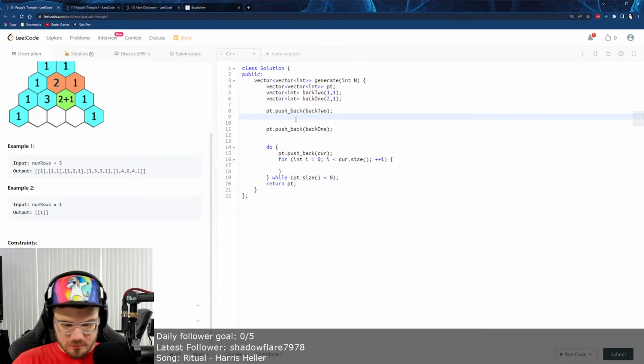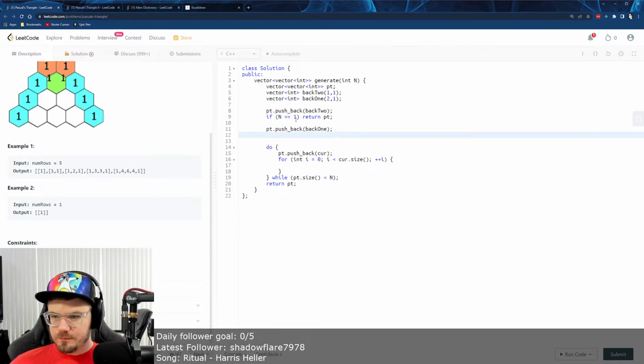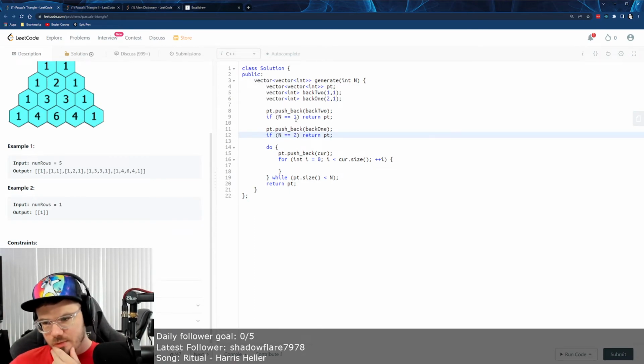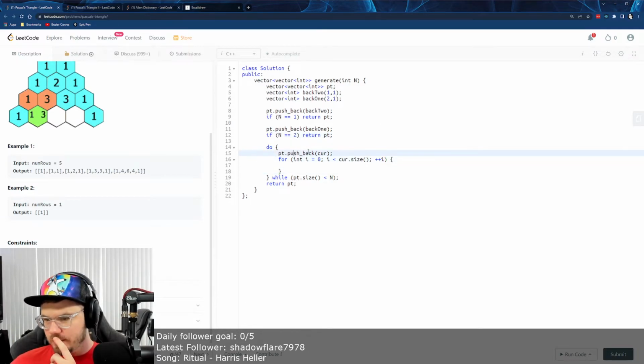So if n equals 1, return Pascal's triangle. If n equals 2, return Pascal's triangle. Now we know n is greater than 2. We can come into the do while loop and we can do the business.